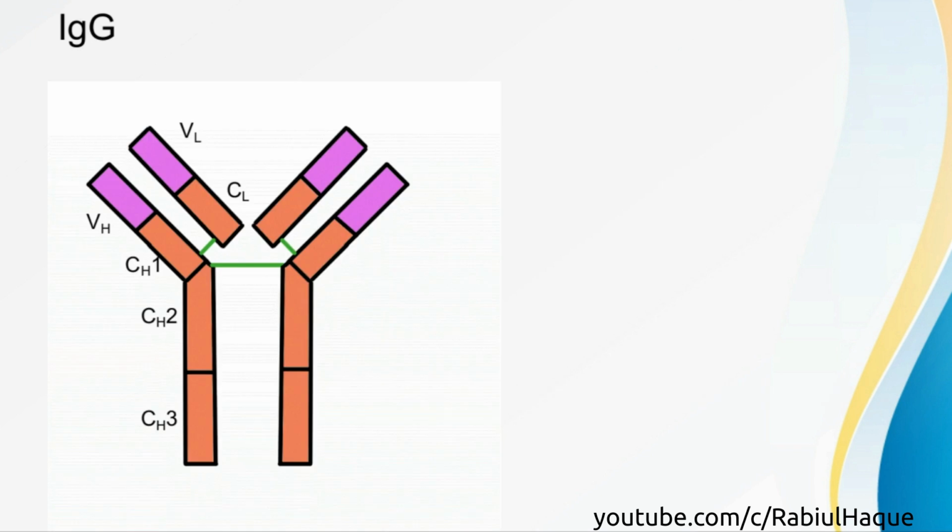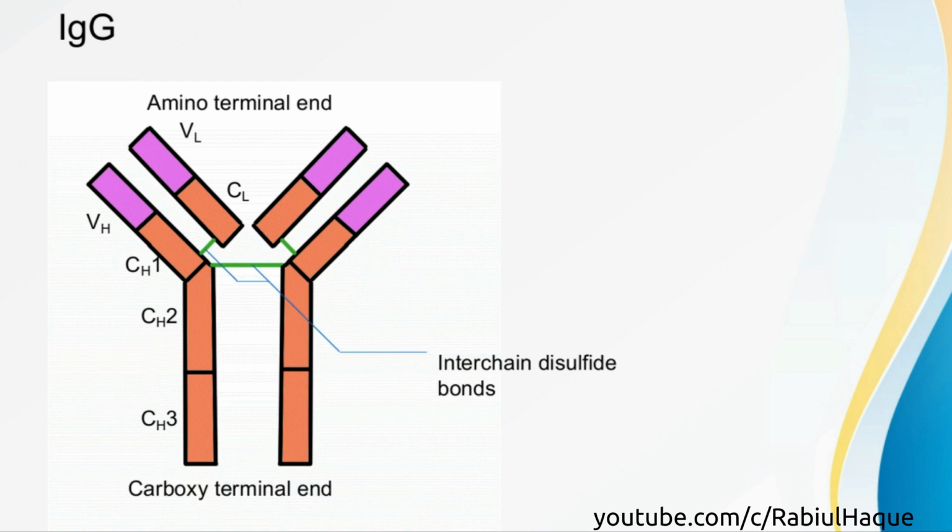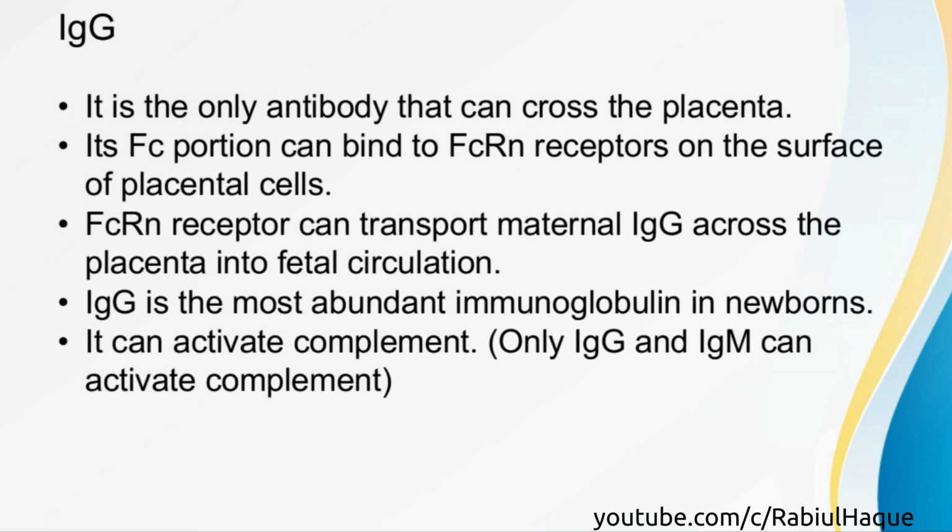Always remember that immunoglobulin G1 and G3 are more effective opsonizers compared to immunoglobulin G2 and G4. So here we can see an image showing the structure of immunoglobulin G, and we have already discussed the amino terminal end, carboxy terminal end, and interchain disulfide bonds. Now always remember, immunoglobulin G is the only antibody that can cross the placenta.